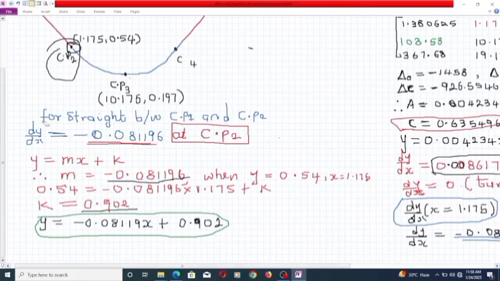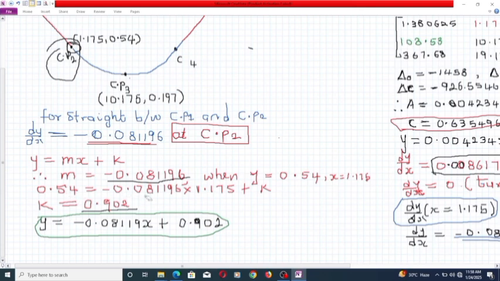So for the straight portion between control point 1 and control point 2, the change in slope is this at control point 2. So we can substitute values for x. When x is 0.45, and when x is 1.175, we have our y to be 0.54.